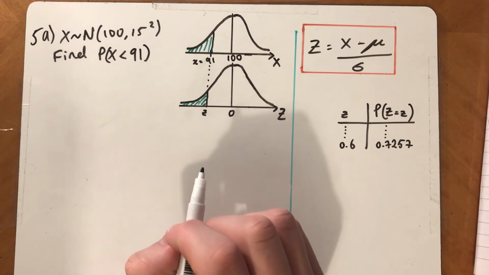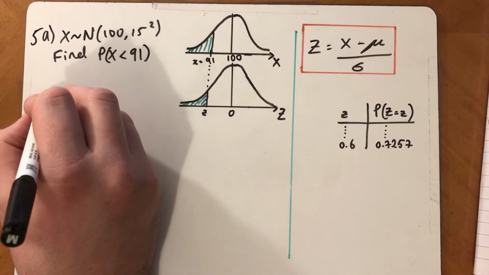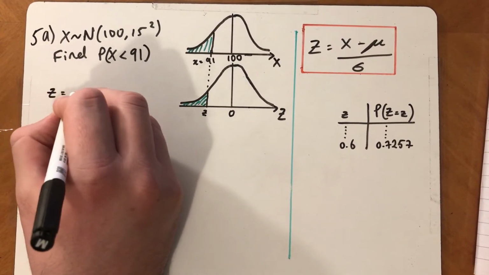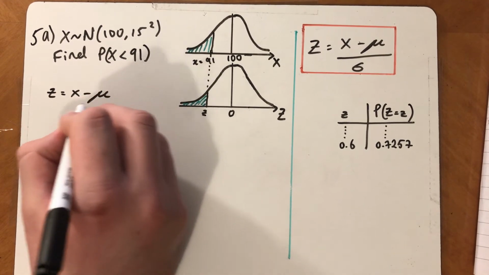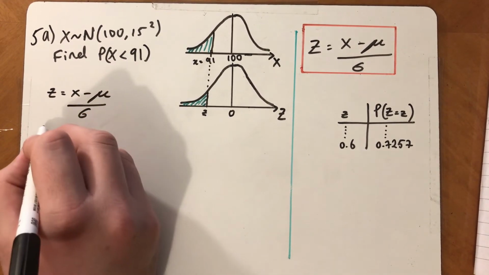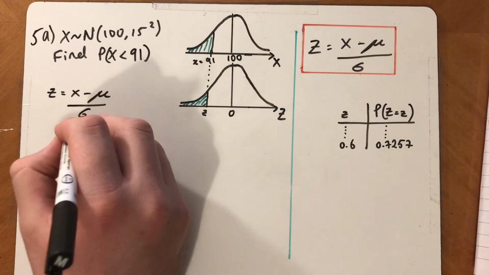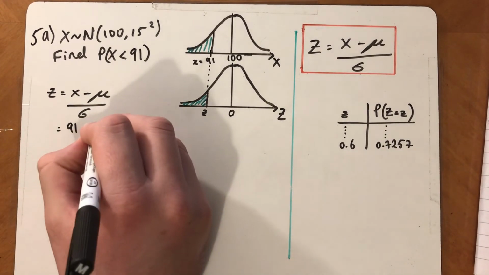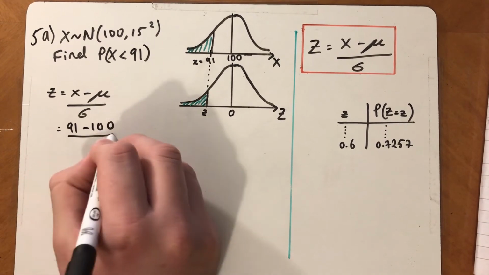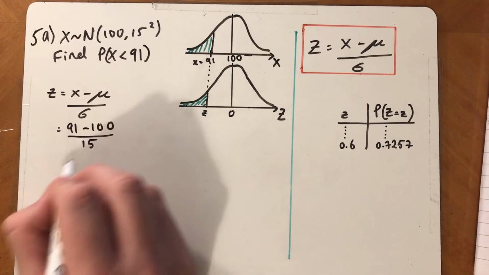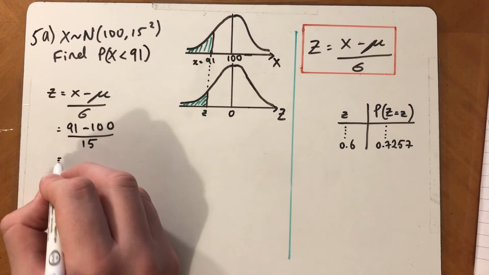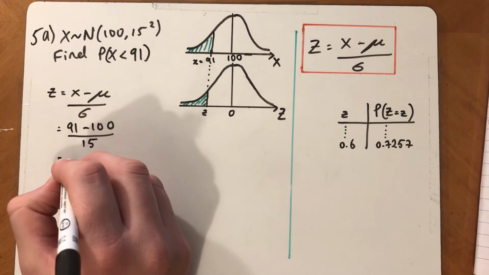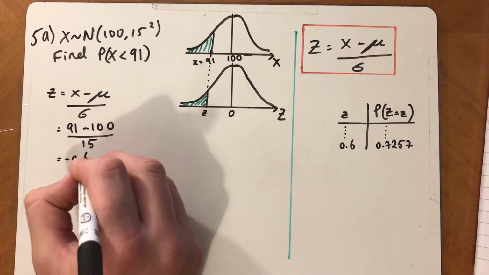So let's do that right now. z equals x minus mu over standard deviation. x is 91, mu is the mean, which is 100, and the standard deviation is 15. Plugging this into the calculator, we should get a value of minus 0.6.